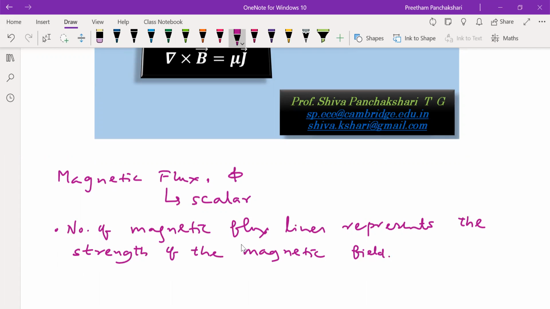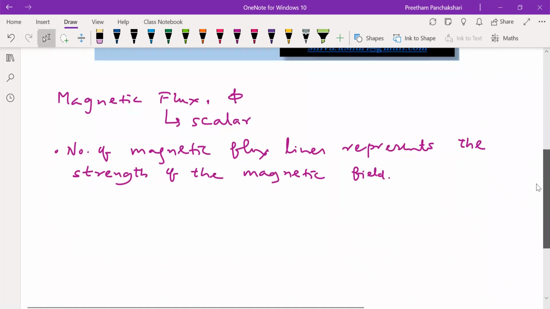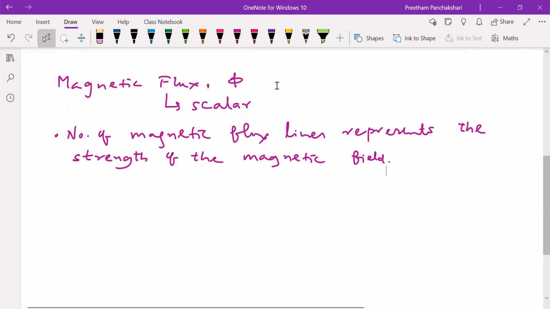So these flux lines are very useful for representation of the strength of the magnetic field.